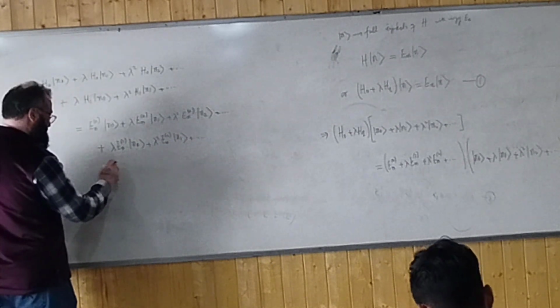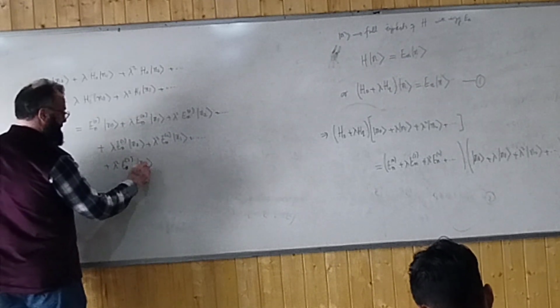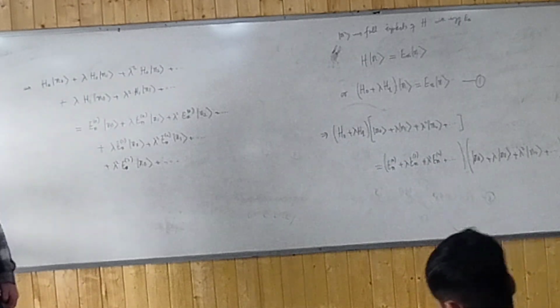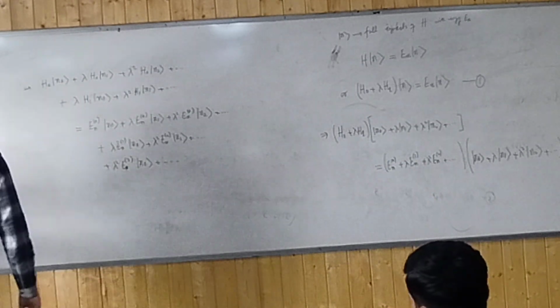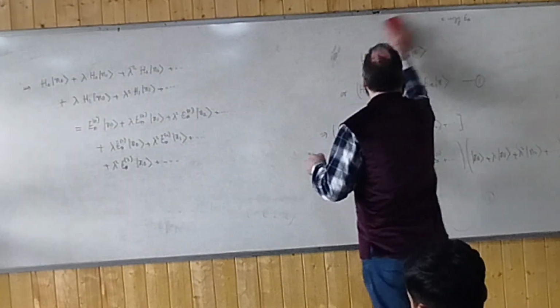Then you have lambda square En2 |n0>, and the rest will be lambda cube terms. Now, in the second step, we'll separate out the equations.